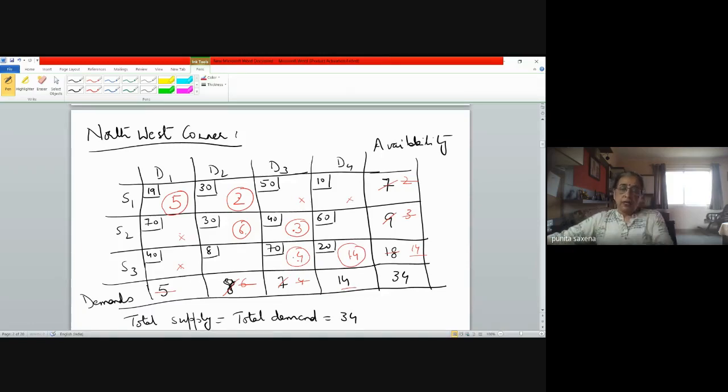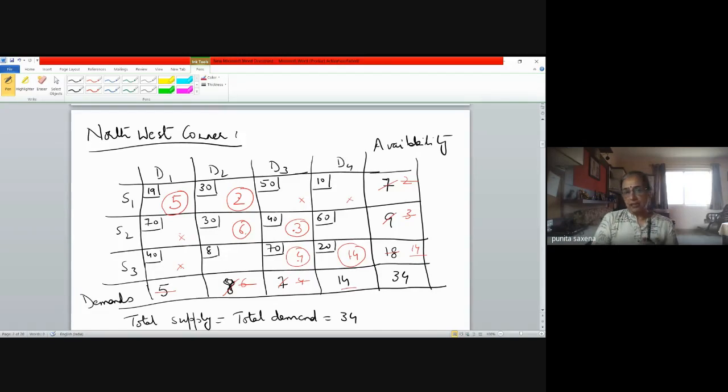That means we started with the northwest corner and we ended with the southeast corner. So we start with the first cell or the first box of this table and we end with the last box of this table, and we have made the allocations.